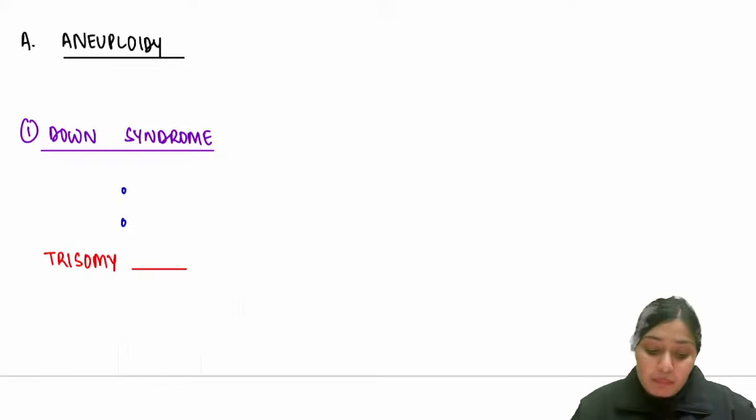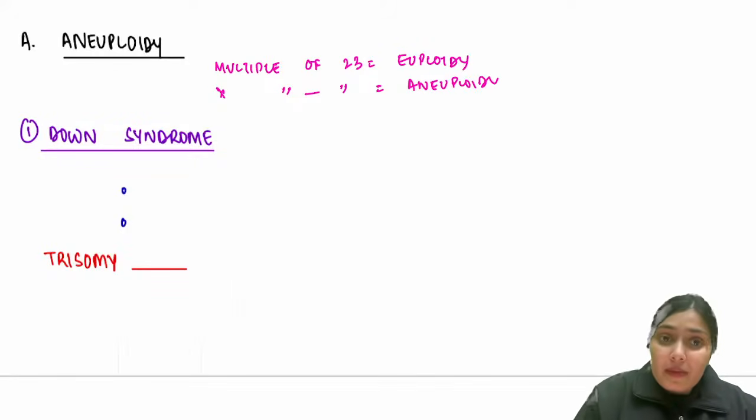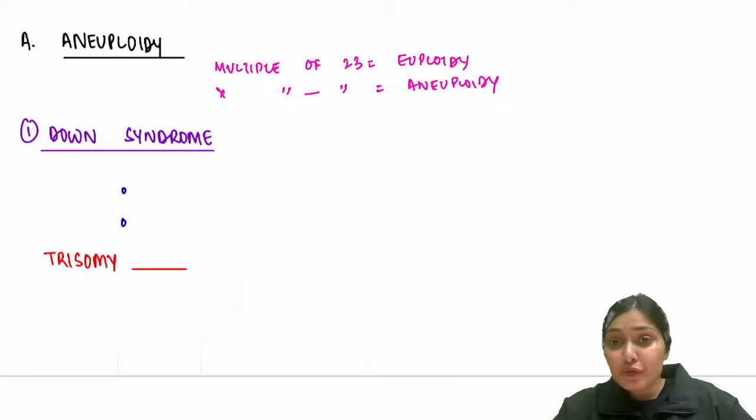If the chromosome number is in the multiple of 23, then we label it as euploidy. But if it is not in the multiple of 23, we label it as aneuploidy. Right? Normally we have 23 pairs of chromosomes.